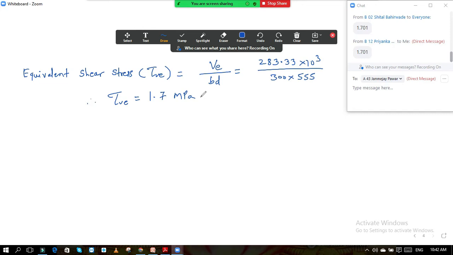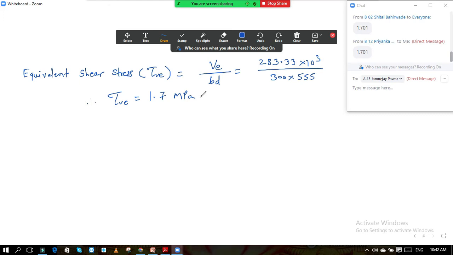According to the IS code, we will check the permissible shear stress, and if our developed shear stress is less than the permissible shear stress, then there will be no need of shear reinforcement. And if the developed shear stress is greater than the permissible shear stress, which is given by the IS code, you will find the permissible shear stress in table number 19. Accordingly we will decide whether shear reinforcement is required or not.